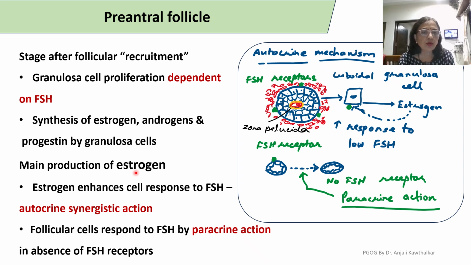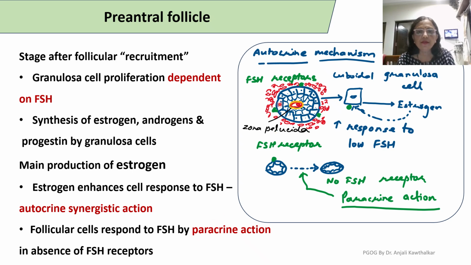So the main role of estrogen is to enhance the cell response to FSH. An autocrine synergistic action is there for the action of FSH on a granulosa cell, and follicular cells respond to FSH by paracrine action in the absence of FSH receptors.